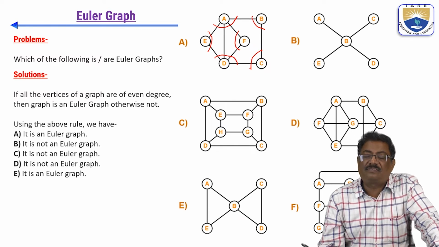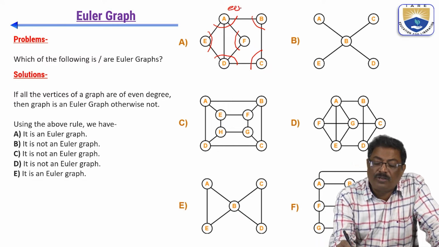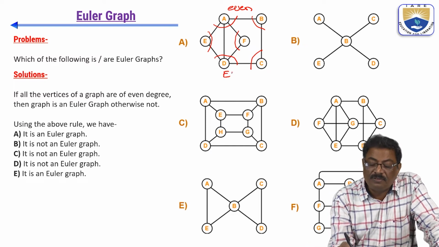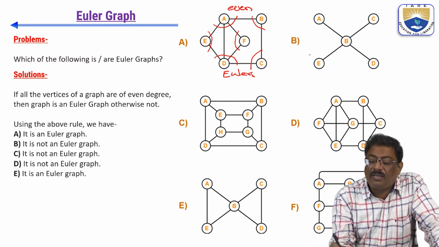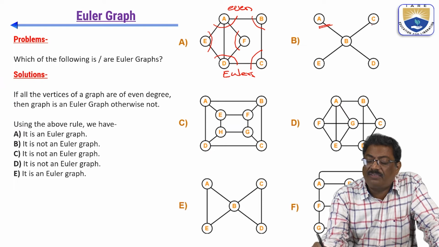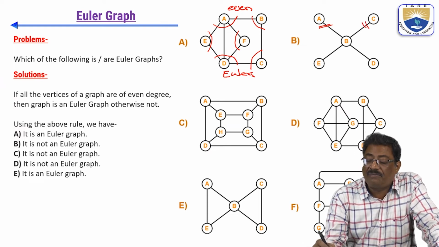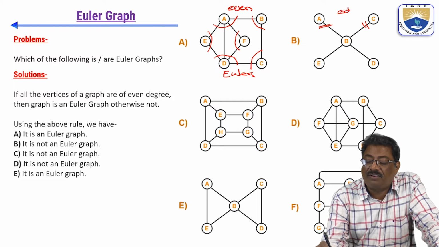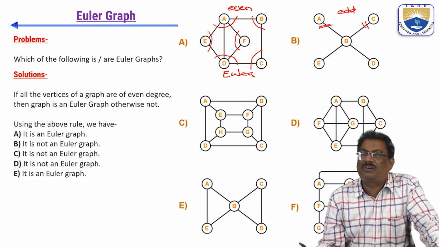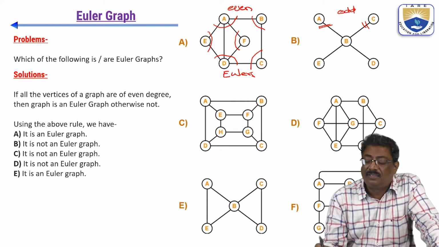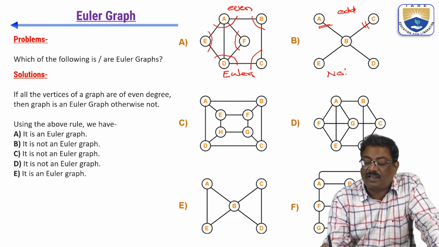All vertex degrees are even, so this is an Euler's graph. Now here the vertex degree of A is 1, and B, C is 1, which is not even. So the vertex degrees are odd. If any one vertex degree is odd, then it is not an Euler's graph.